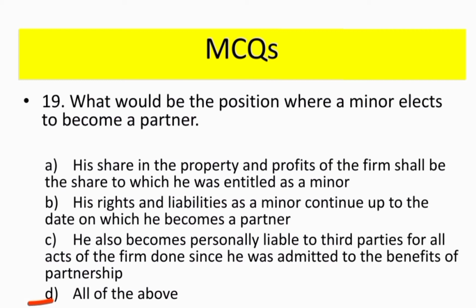Option C says he also becomes personally liable to third parties for all acts of the firm done since he was admitted to the benefit of partnership. And option D says all of the above. So yes, all of the above conditions would suggest the minor's position. So the correct answer is all of the above.